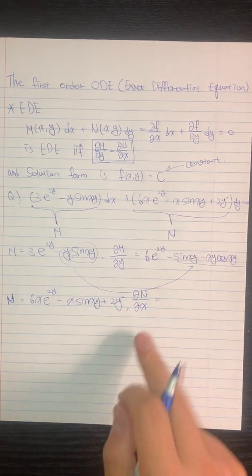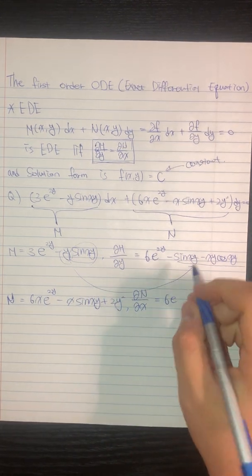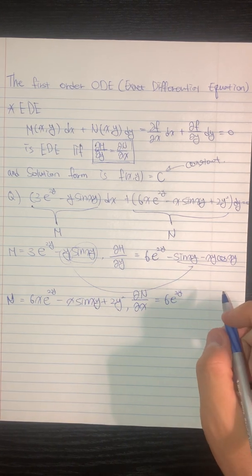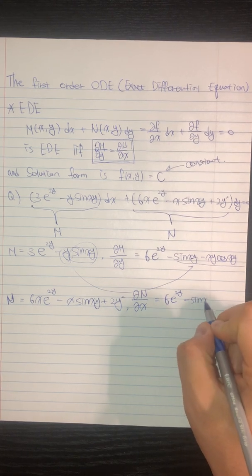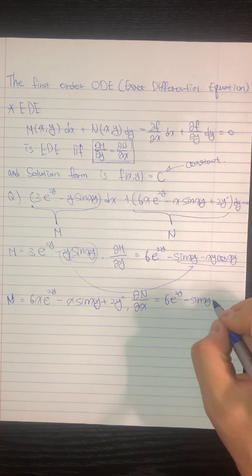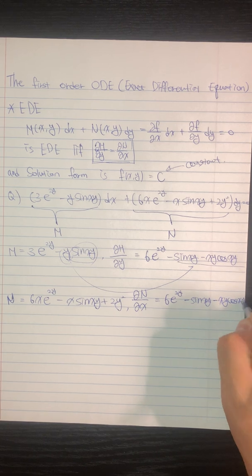Which is 6e^y minus sin(xy) minus xy cos(xy).